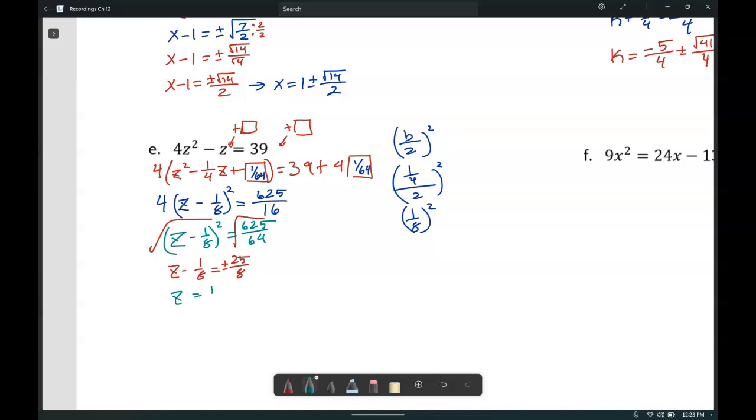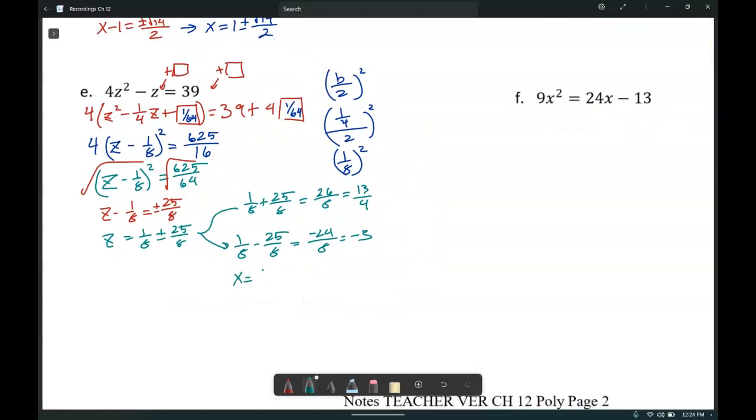Add 1/8 to both sides. And now, since we actually have two rational values, we can evaluate the two answers completely. 1/8 plus 25 over 8, 1/8 minus 25 over 8. 26 over 8 equals 13/4. Negative 24 over 8 equals negative 3. So z equals 13/4 and negative 3.